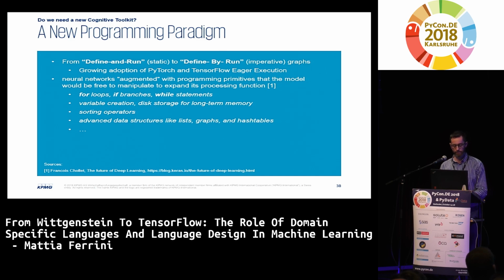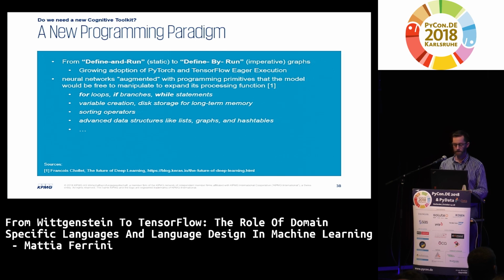We see that from the growing adoption of PyTorch and TensorFlow eager execution. And we see neural networks being augmented with programming primitives that the model would be free to manipulate to expand its processing function. Again, I'm quoting the essay by François Chollet.